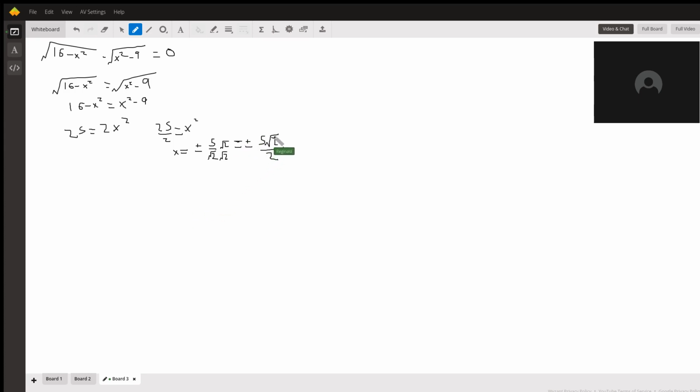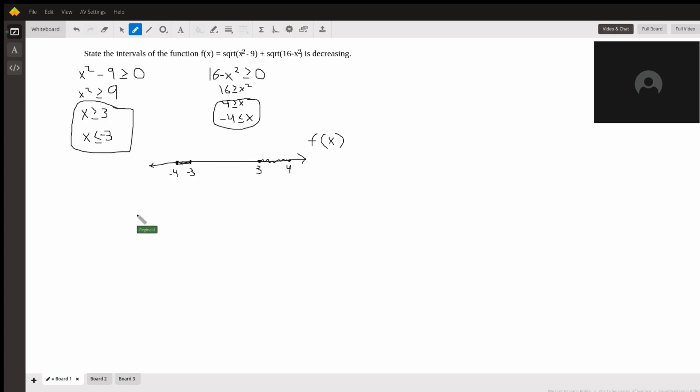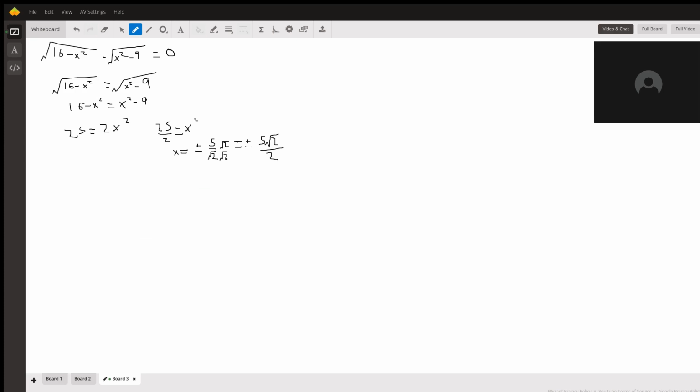If this number is in between -3 and -4 or 3 and 4, then I can add this to the number line. 5 square root of 2 divided by 2 is 3.535 and -3.535. So it's in between.